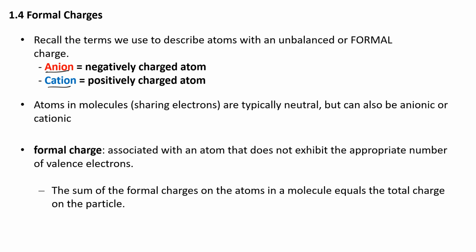So atoms can be neutral, but they can also be anionic or cationic, and we need a way to sort of denote this and show the reader what's going on with the charge. So for atoms that have gained or lost electrons, that are not involved in ionic bonds, we're talking covalent bonding in molecules now, we use formal charges.